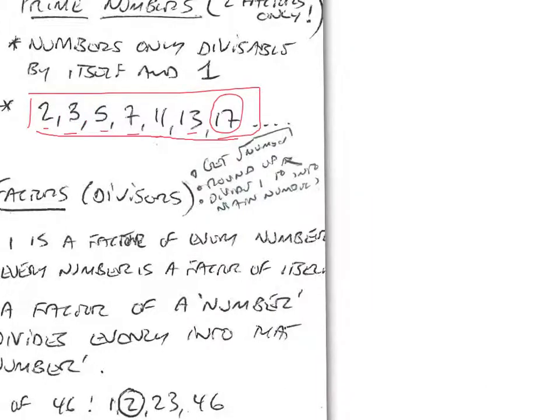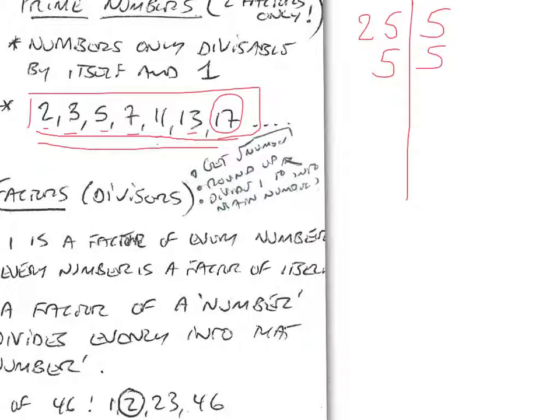Let's represent the number 25 in terms of its prime factors. Well, I look to my list here and see what prime number I can try to divide evenly into 25. 5 goes into 25 5 times, 5 goes into 5 once, I'm at 1, so I stop.